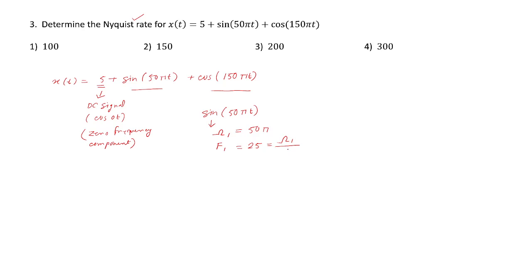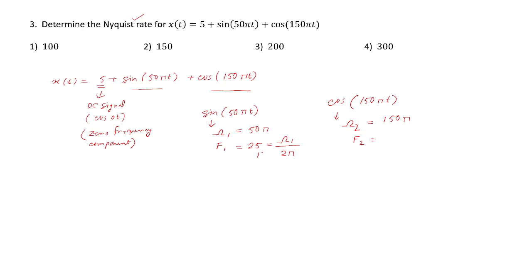For cos 150 pi t, similarly we note the analog frequency, by the way, this is an analog signal, is 150 pi, and we write f2, the frequency component.